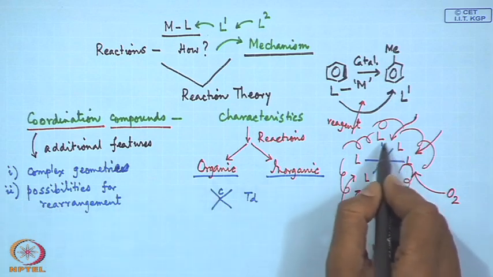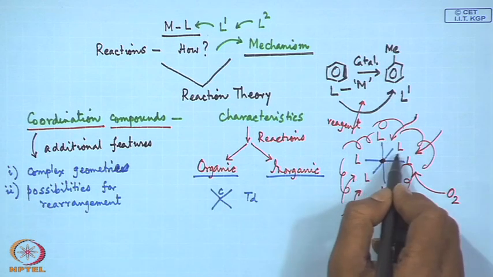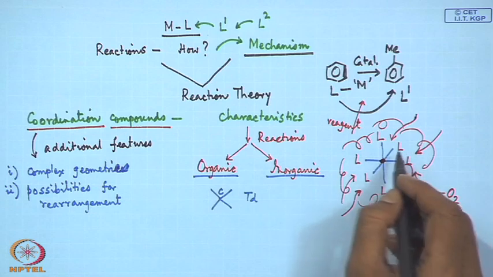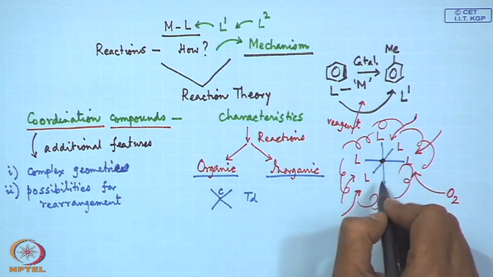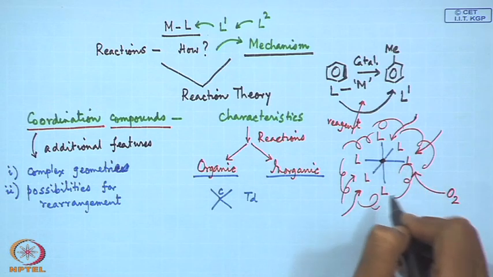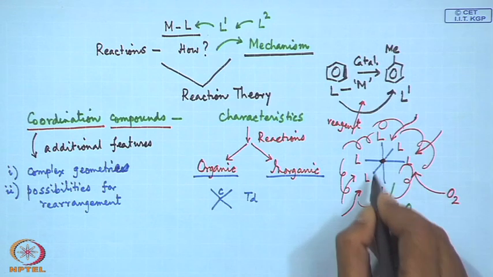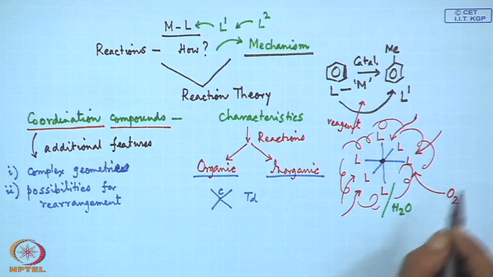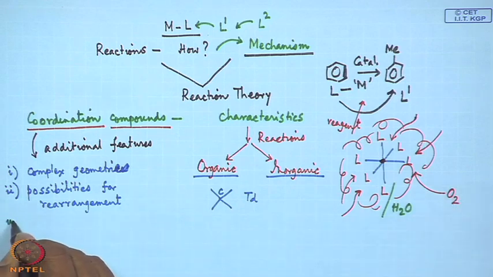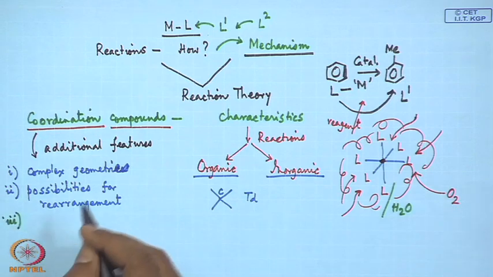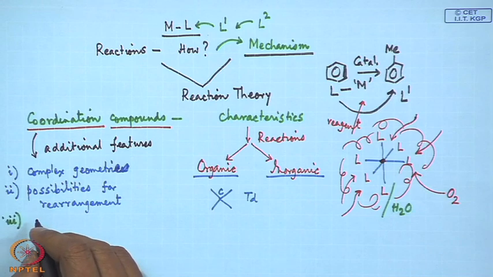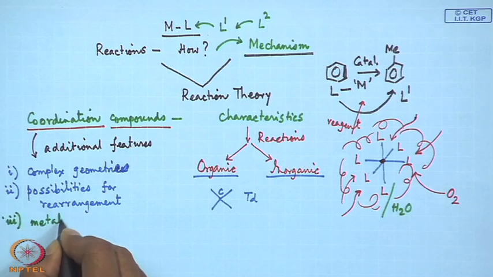How this particular geometry, whether square pyramidal or octahedral, allows O2 to come and bind the iron center by substituting, say, a water molecule already bound to the iron site, matters. So, the possibilities are more and the rearrangements are also more.